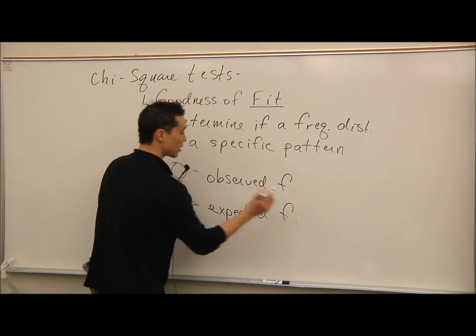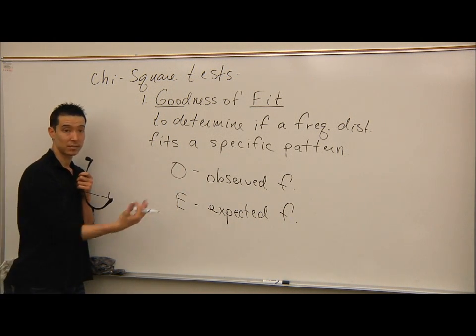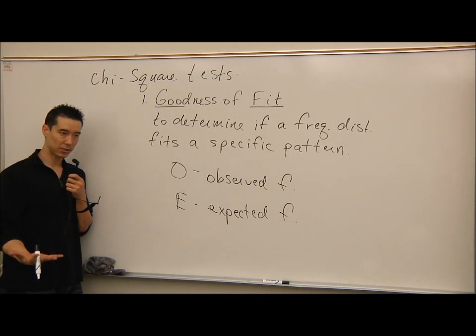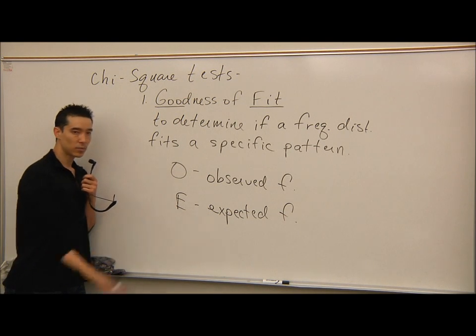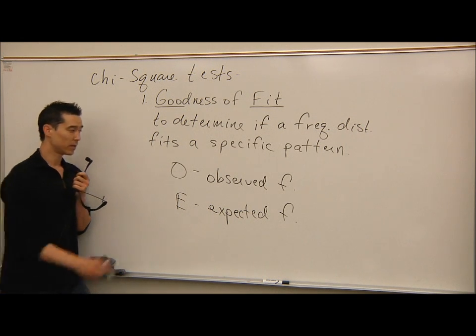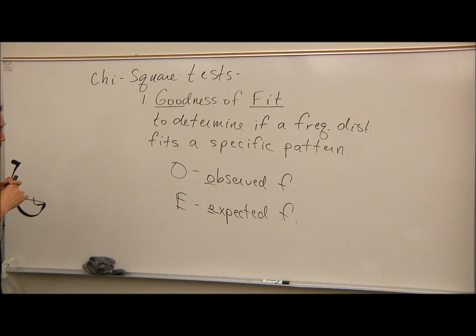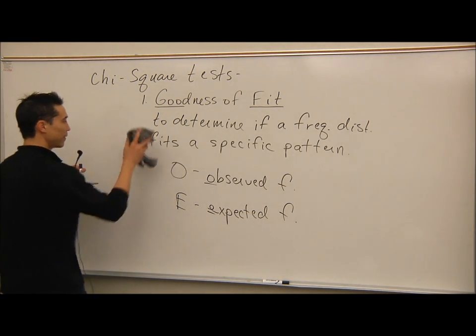So with each of these chi-square tests, we have this O, which is observed, so that actually happened in our sample. E is what our hypothesized expectation is. So it's very important that you know the difference between O and E. O is observed, that actually happened. E was our expected pattern. Okay, good.